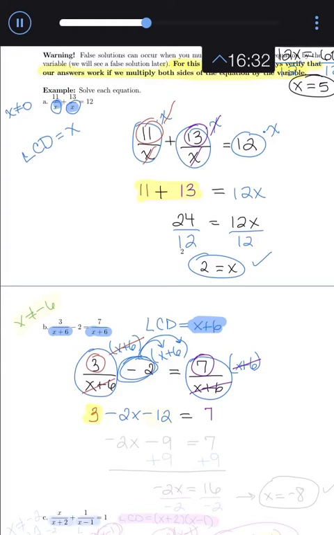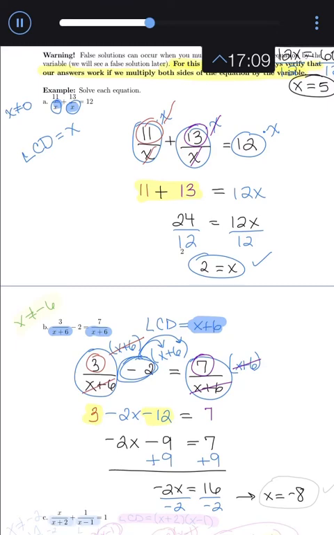We've got a 3 and a negative 12 on the same side, so we can add them. 3 and negative 12 will give you a negative 9. We also have that negative 2x equals 7. Keep going like this was a normal equation. Add 9 to both sides to get the x by itself, and we get that negative 2x equals 16. Then dividing both sides by a negative 2 gets us that x equals negative 8.